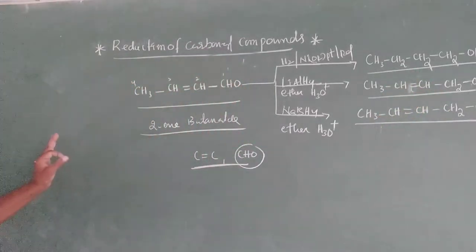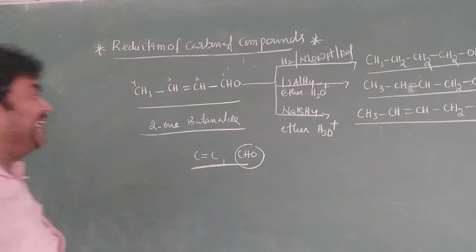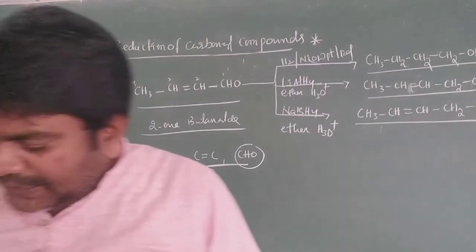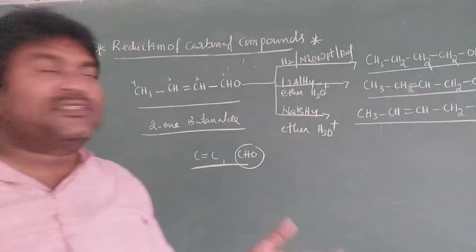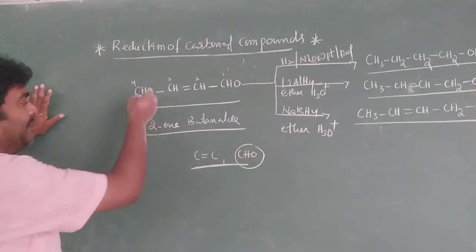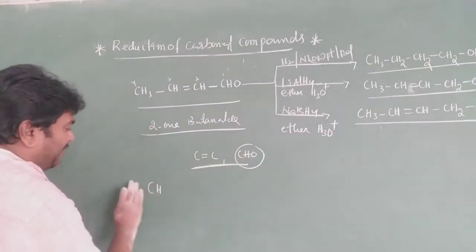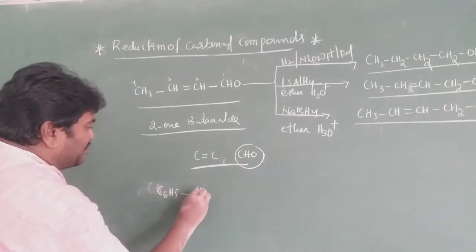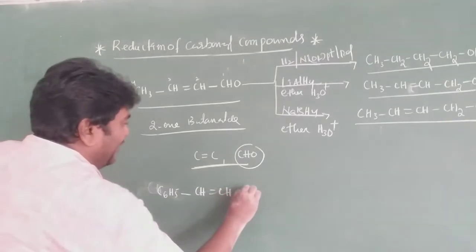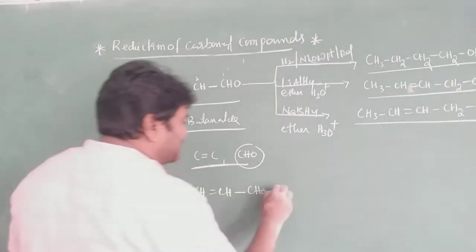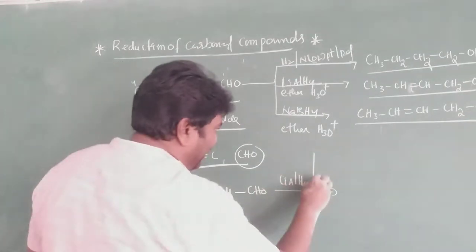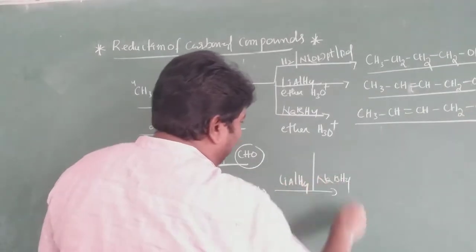Suppose a phenyl group is there. It can reduce both cases. For example, see here, a phenyl group, C6H5, then CH=CH and CHO. In the presence of lithium aluminum hydride or sodium borohydride, what happened here?